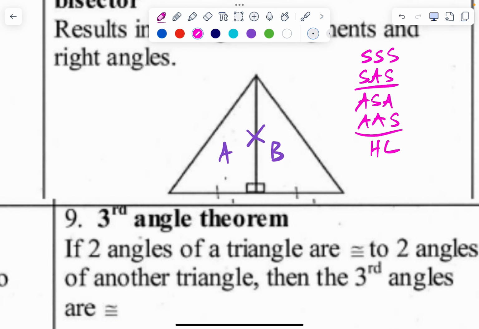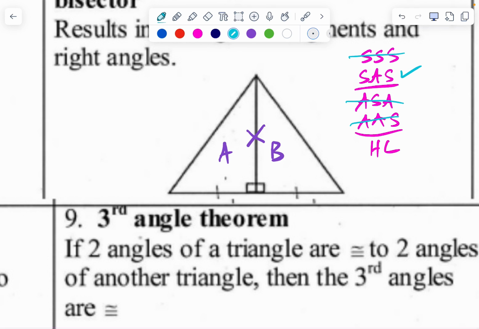All right. Do we know all 3 sides are congruent? Nope, so it's not that one. Do we know 2 sides and an angle trapped between? Okay, that one looks good. Do we know 2 angles and a side trapped between? No, we only know 1 angle. So that kicks out both of the 2 angle ones. And then is this hypotenuse leg?